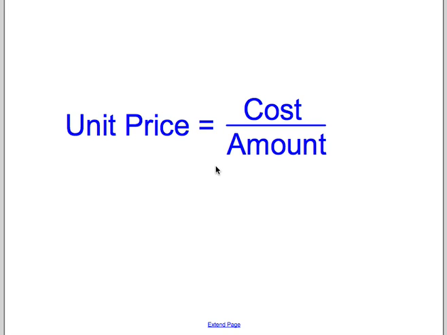I used to do this with Cinnamon Toast Crunch all the time. Generally, bigger boxes of cereal will be cheaper per ounce than a smaller box. But at times, at least in the past, I would actually have to figure it up in my head because it was before they used to put the unit price things.